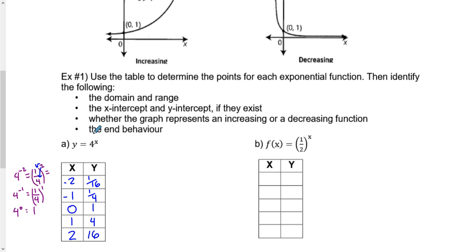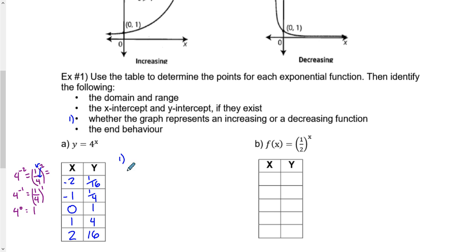So I may have to do a little bit of rearrangement on here. For example, I'm going to do this one first. Is this going to be representing an increasing or decreasing function? Well, if we look at it, our x is -2, our y is 1/16. When x is -1, it's 1/4. 0, 1, 1, 4, 2, 16.